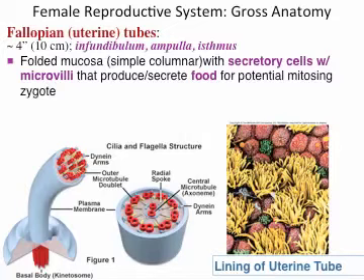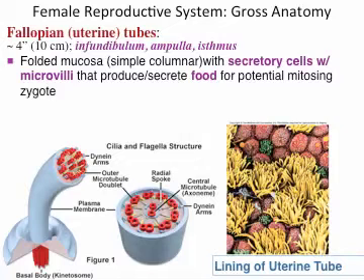And this, on the right-hand side, is the lining of the uterine tube. So the long yellow strands would be cilia, and the reddish balls with little projections would be the microvilli of the columnar cells.